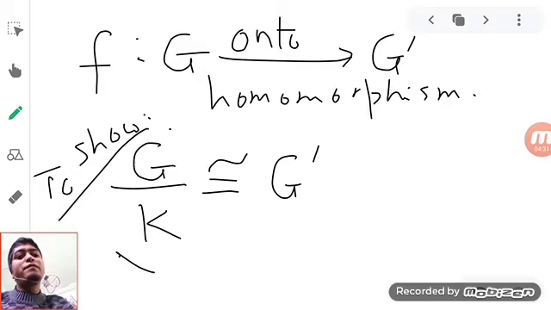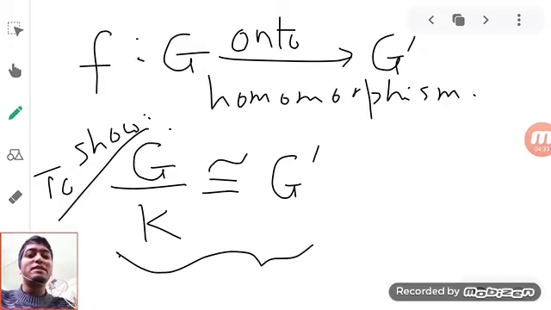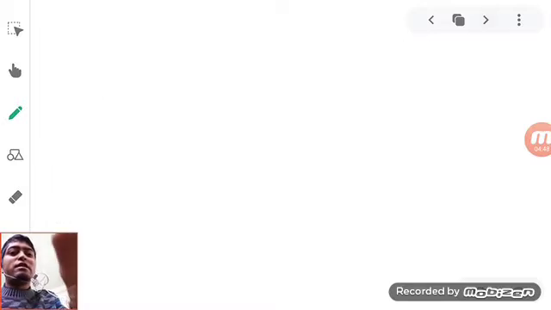So if we have to prove that G by K is isomorphic to G dash, because we don't have any particular theorems, we will have to do what we have discussed. We will define a function from G by K to G dash, and it will have to be a homomorphism, it will have to be 1, 1, it will have to be onto as well. So let's see. This is the start of the proof.